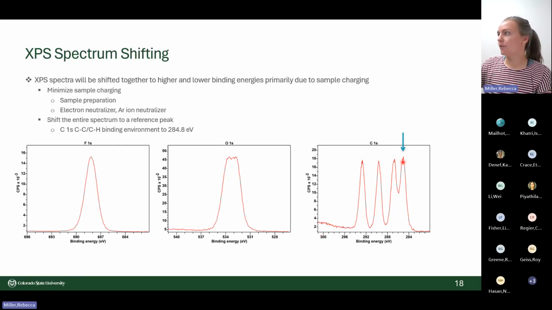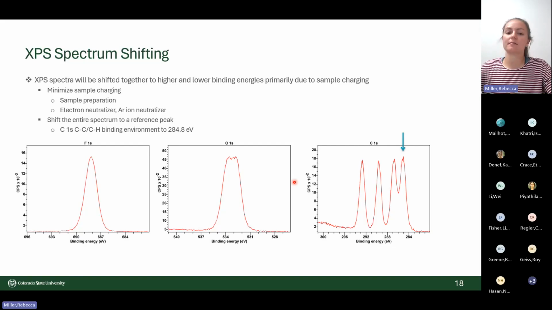And then if you can pick out where the carbon-carbon/carbon-hydrogen binding environment is within that carbon spectra, you set that peak to some value right around 285 eV, shift all of the data with it for that one measurement, and then you can compare one measurement to another.